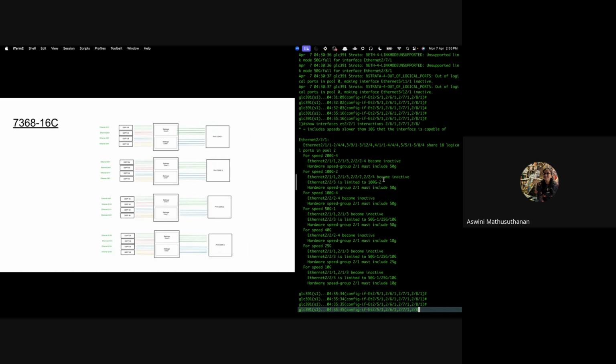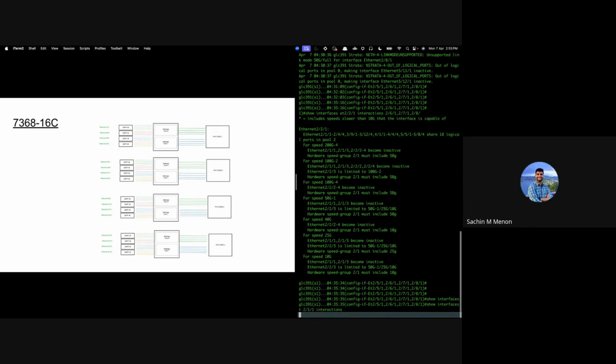Yes, I'm just wondering what is the speed at which I can use all the interfaces. So if I put the interface at 200 G speed, let's say I'm taking 2/2/1 as an example, then 2/1/1 goes inactive.